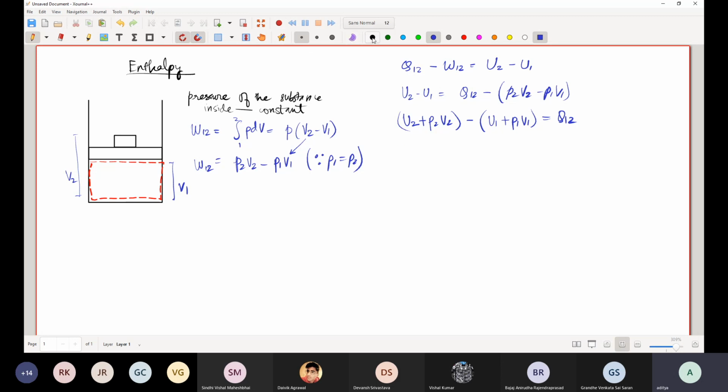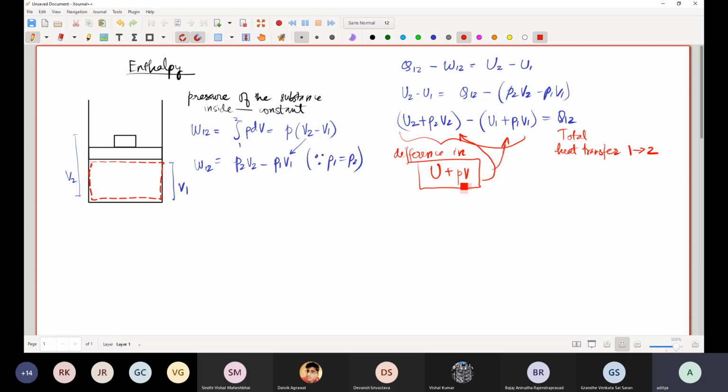So what can we conclude? We can conclude that the total heat transfer in the process in going from 1 to 2 is equal to the difference in this particular combination of terms, U plus PV. It is the difference between this in the final state and the initial state.